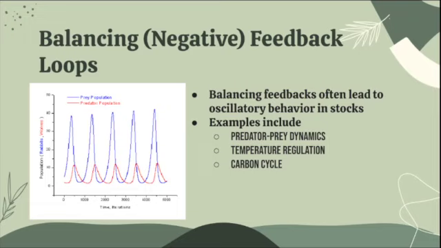Similarly, any sort of body that needs its temperature regulated, for example, a human body, will take in information about the temperature outside and will adjust accordingly. So if a body is too cold, it will heat up. If a body is too hot, it will cool down.